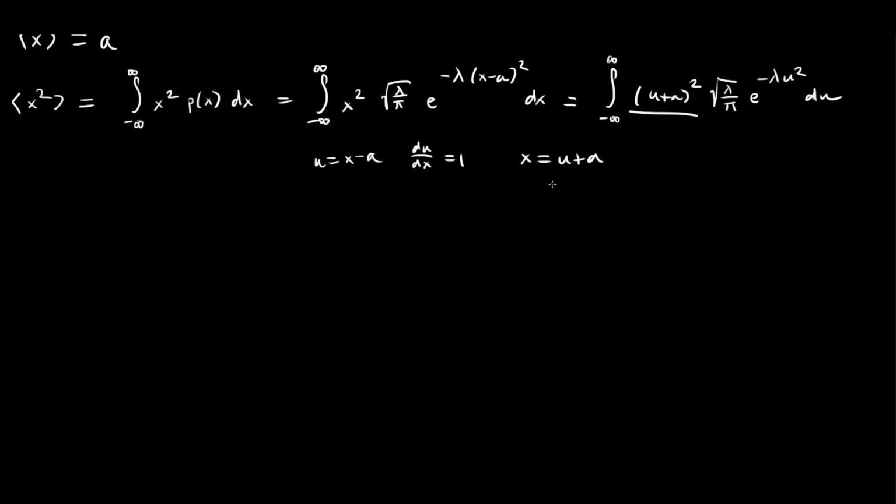And if we factor this term out, what we get is the integral from negative infinity to infinity of u squared plus 2au plus a squared, and all this is multiplied by e to the negative lambda u squared du.